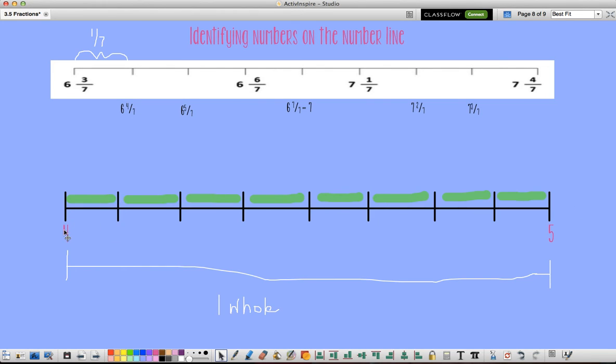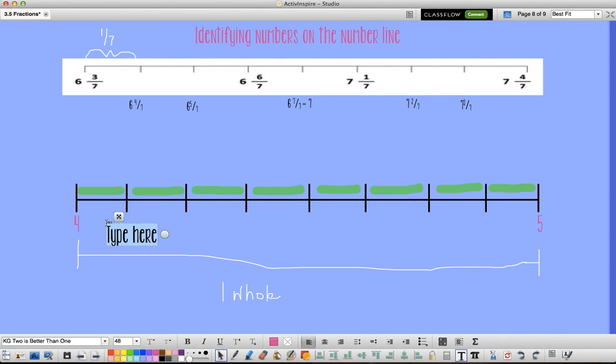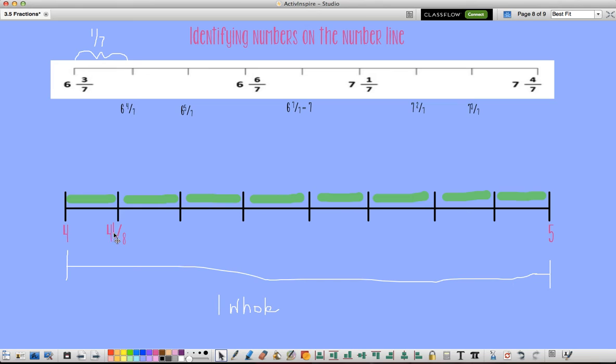So each one of these then, so if this is 4, and I split it into 8 smaller parts, then this one here would be 4 1/8, because I still have 4 whole groups, but now I didn't add another whole group, I just added an eighth of a whole group. And I know that it's worth 8 because I looked at how much I split that whole group into.